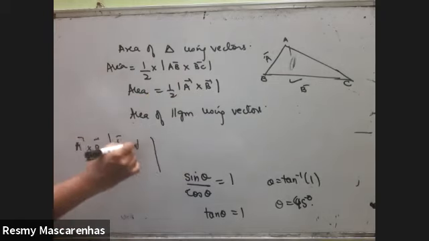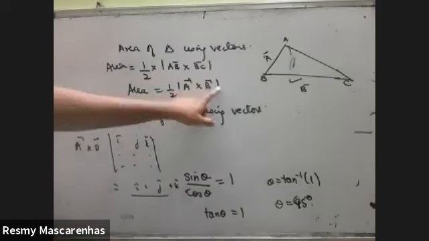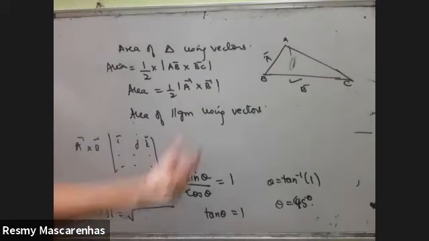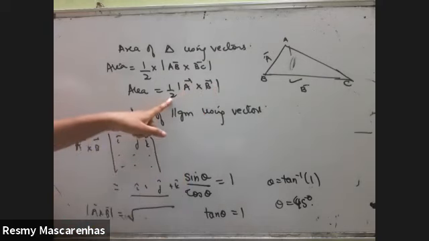You will get something times i, plus something times j and k. Then I want the magnitude. Magnitude also I taught you how to find. You just put it in the root sign, so you'll get one single value. Whatever value you get, you multiply it by half, or in short divide by 2, and that will give you the area.